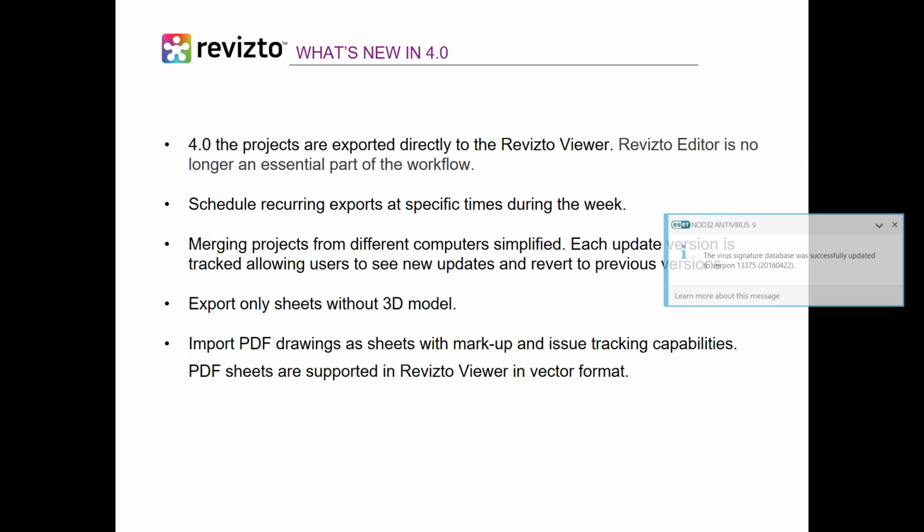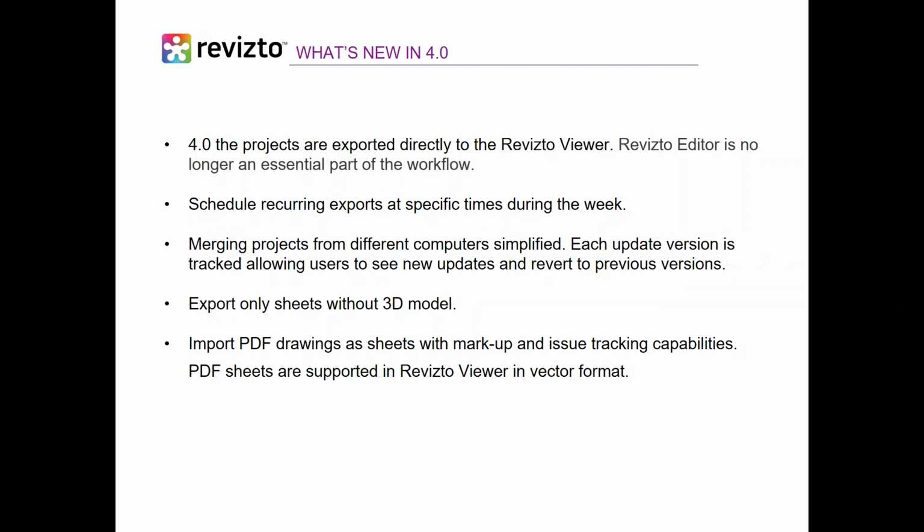Doesn't mean the editor functionality is no longer there. We still have the editor, and it still is clickable from within the viewer, which allows you to improve the visualization, change light maps, change textures, that sort of thing. But we found that the majority of the people were interested in viewing the model and collaborating on the model, so we made it much easier to get into that environment. The second, I mentioned about the scheduling of exports, and I'll show that to you in functionality.